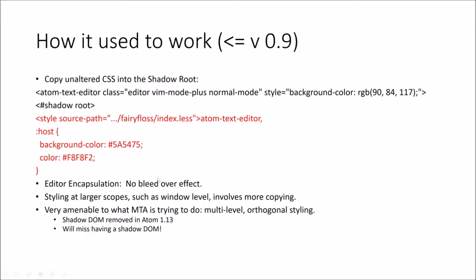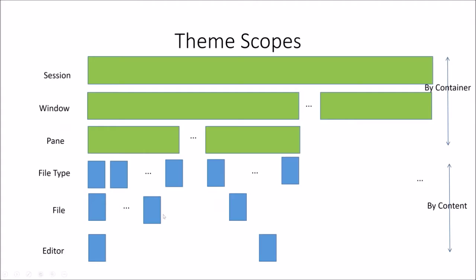You got really good isolation and no bleed-over effect. The only disadvantage was that if you wanted to style something across all editors, you would have to do it 10 times if you had 10 editors open. There's a little bit of repetition, but from my perspective as someone doing a multiple theme applicator, the shadow DOM was very nice. So I'm going to miss it, but I've reworked it to deal with the new way.